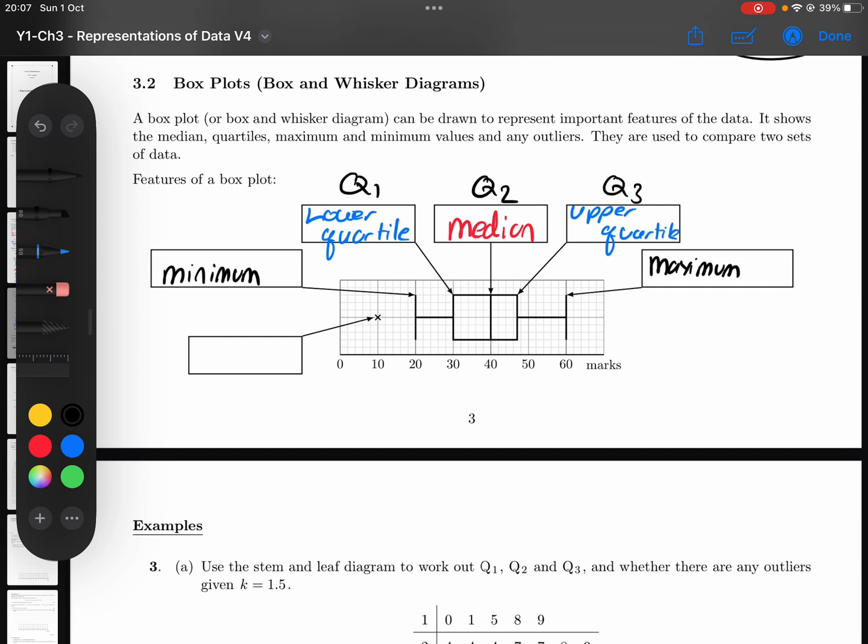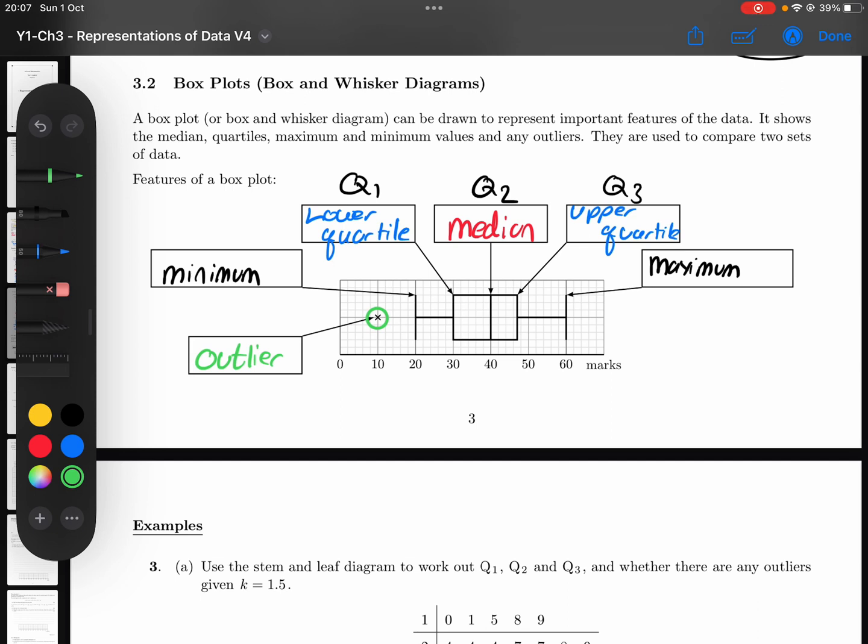But we can see that in fact there is a smaller value than the minimum, but the fact that it's drawn as an X denotes that it is an outlier. And in this way, we can take a list of data and visualize it using 4 key points to visualize it as a box plot.